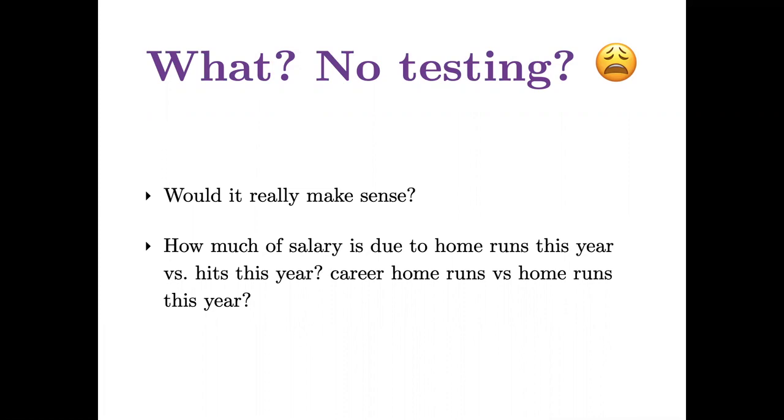These variables are so highly correlated that you can't really tease out the effect of one versus another. So overall, our goal is to take advantage of that collinearity and make a good prediction with fewer variables.